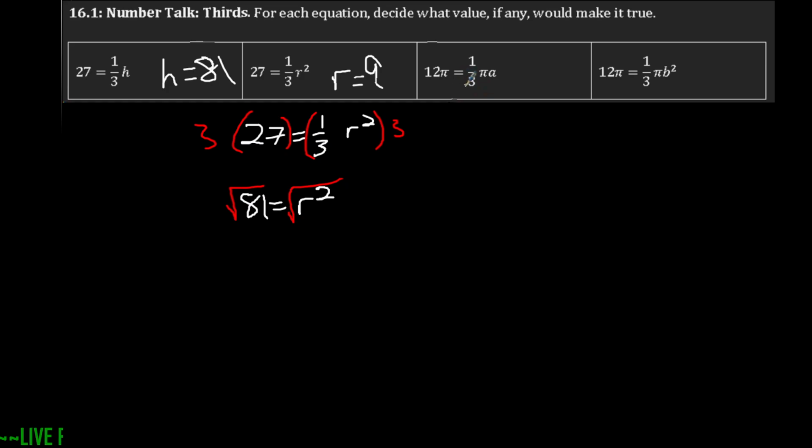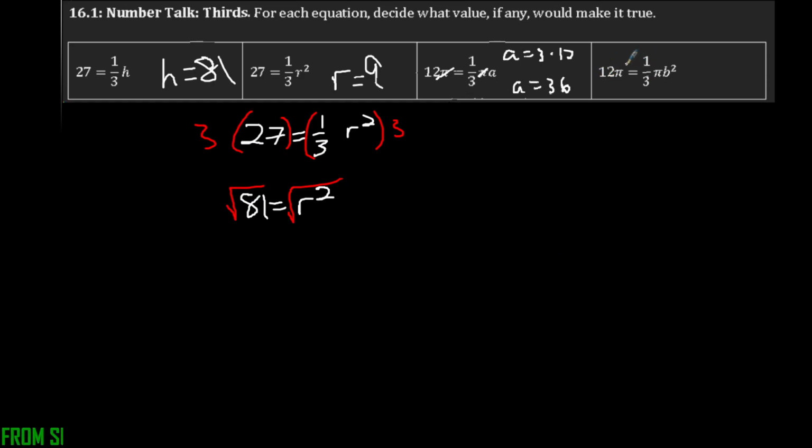Same setup for the third one. What I can actually do is cancel out or divide both sides by pi because it's on both sides, and I can multiply both sides by 3, and so I do a equals 3 times 12, which is 36. So a equals 36 for that one.